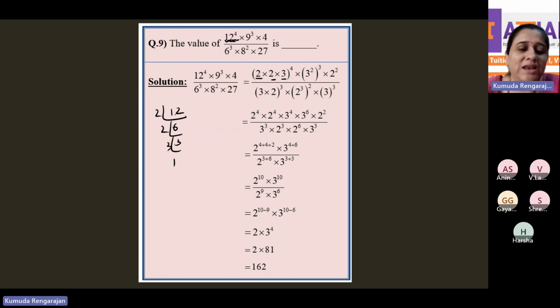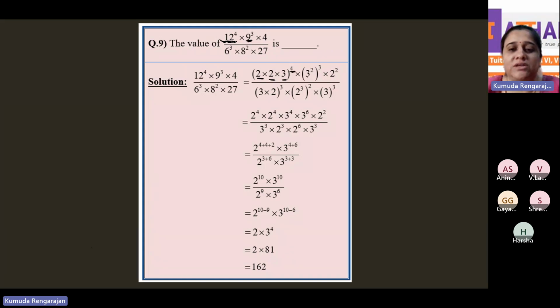So you must break down every composite number and write it as a product of its primes, meaning prime numbers. So 12 is 2 into 2 into 3, whole power 4.